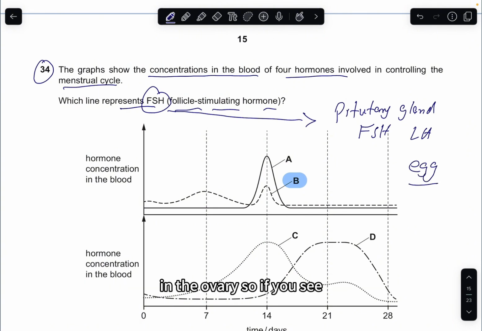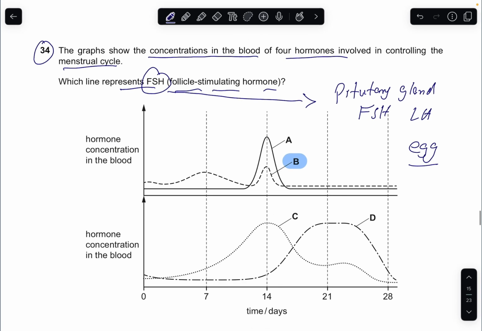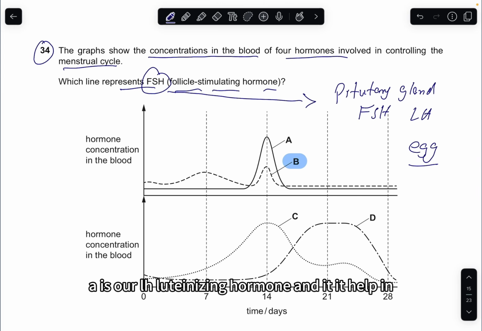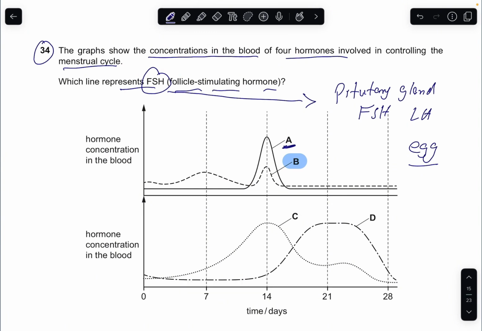So if you see the diagram, A is our LH, luteinizing hormone, and it helps in ovulation.